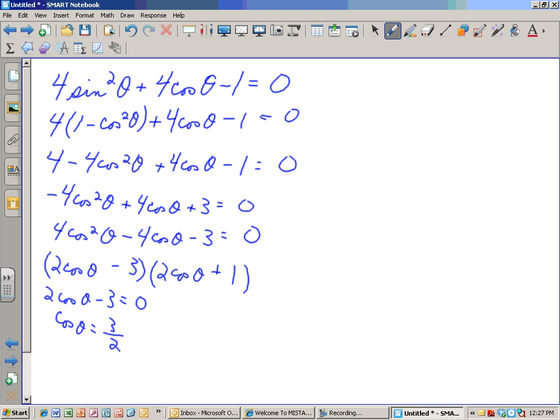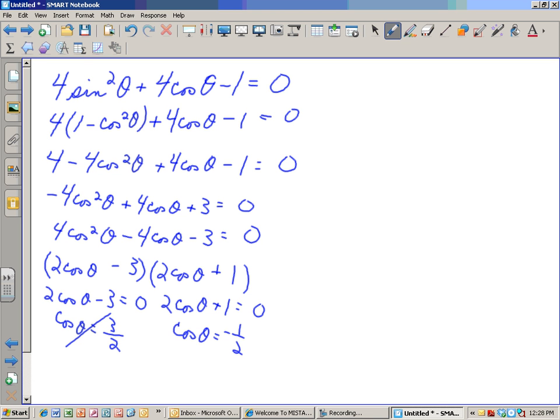What can you tell me about that? Not possible. Thank you. Remember, the cosine has to be between 1 and negative 1. And 3 halves is 1 1/2. The other one, however, 2 cosine theta plus 1 equals 0. Subtract 1 and divide by 2.